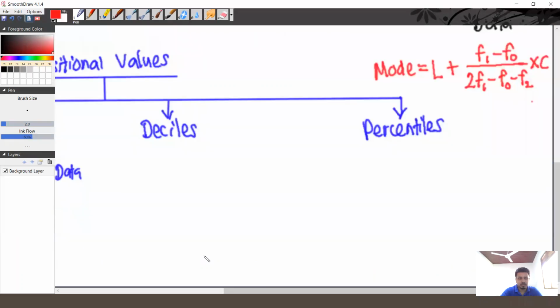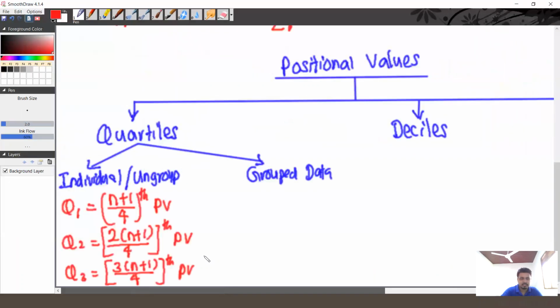These things you already know, right? But again, we need to do certain calculations, right? If we are referring to an individual or an ungrouped data set, this is how we can calculate the quartile values, Q1, Q2, and Q3 values.